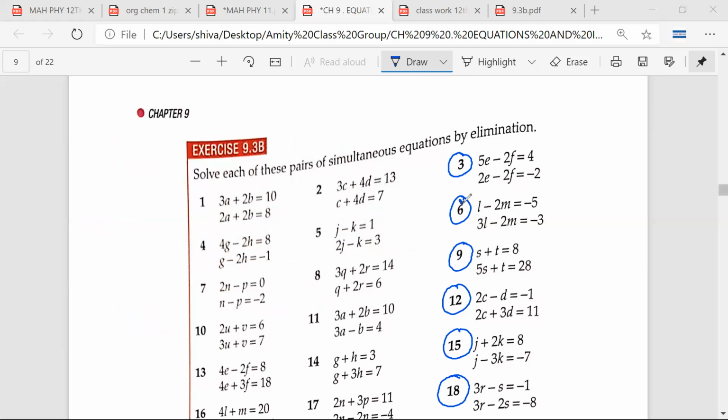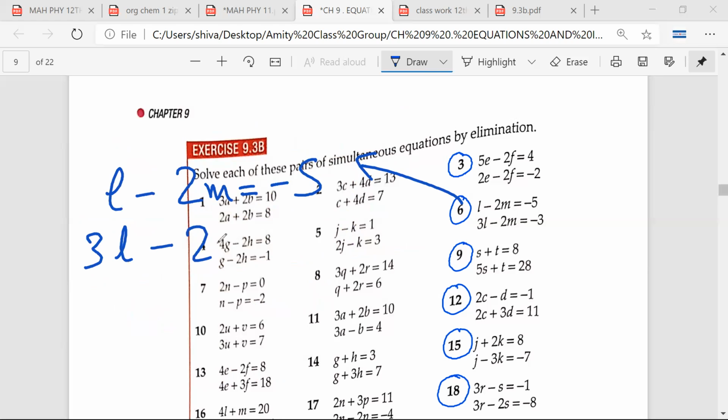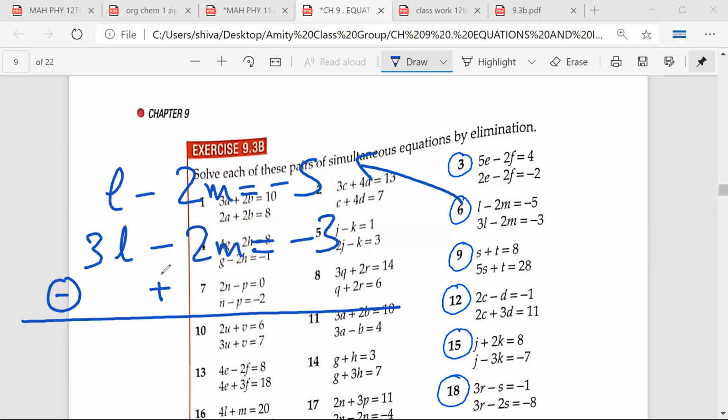For example, if I take this one, I'll write L minus 2m is equal to minus 5. I'll write 3L minus 2m is equal to minus 3. What should I do, Soumya? This plus will become minus. Minus will become plus. This minus will become plus. And then this and this will cancel.